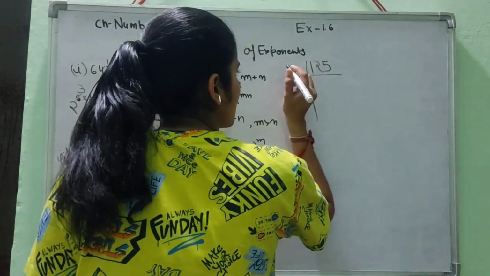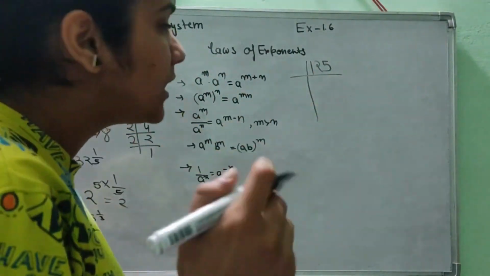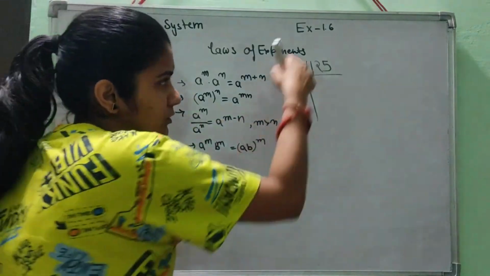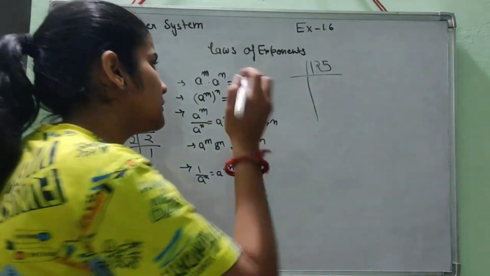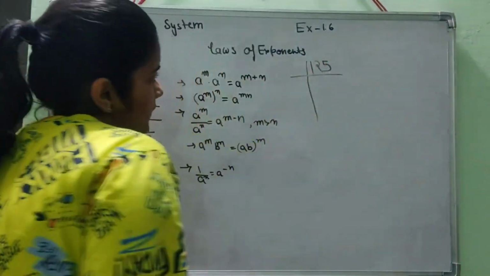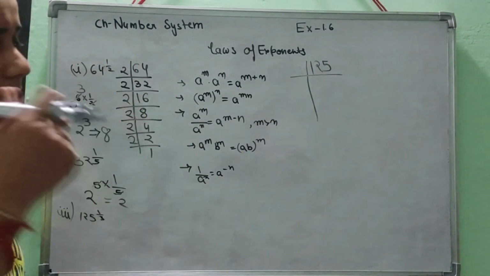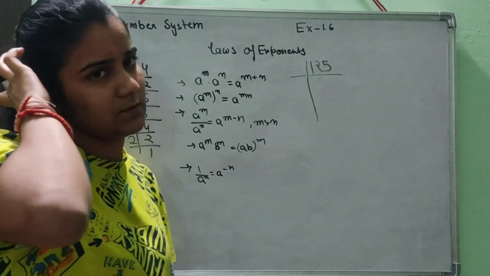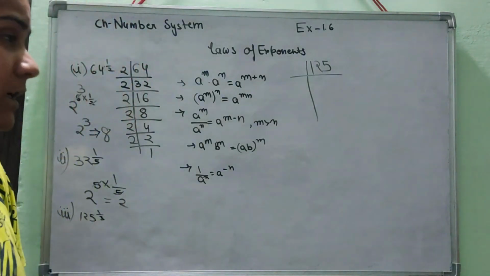This number cannot be divided by 2 because the ending digit is not even. For 125, adding the digits 1, 2, 5 gives 8, so it will also not be divisible by 3.